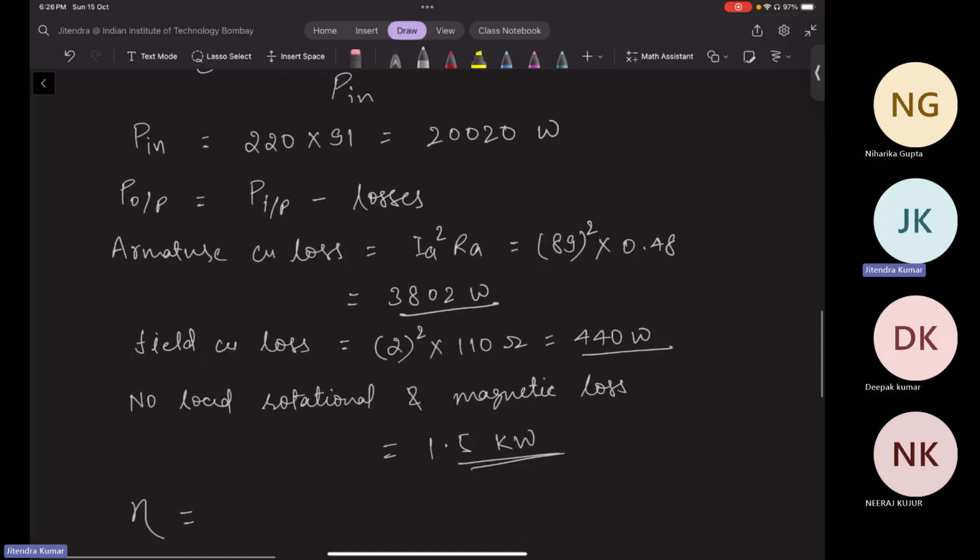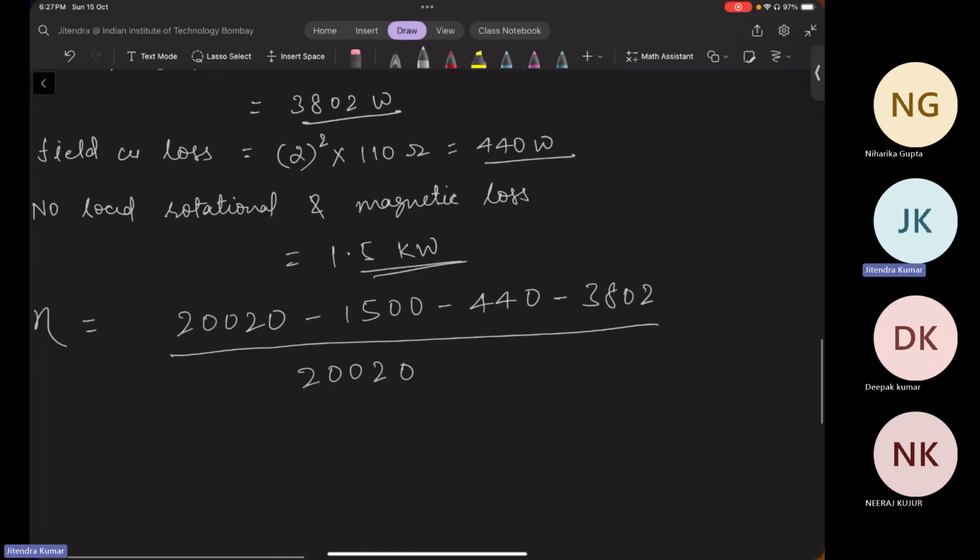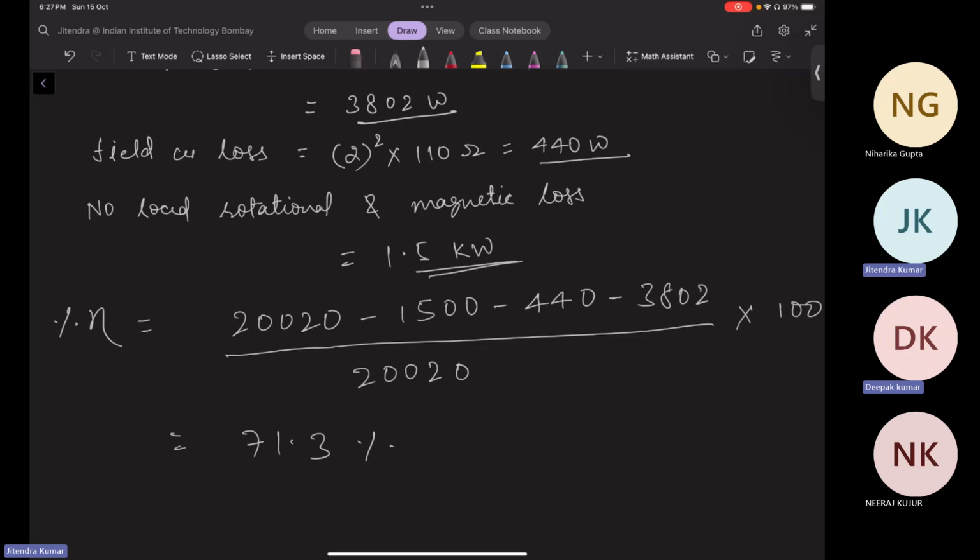So P output is 220 minus 1500 minus 440 minus 3802, divided by 220. It will be equal to 71.3%.